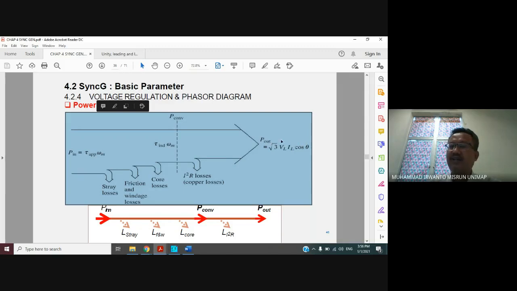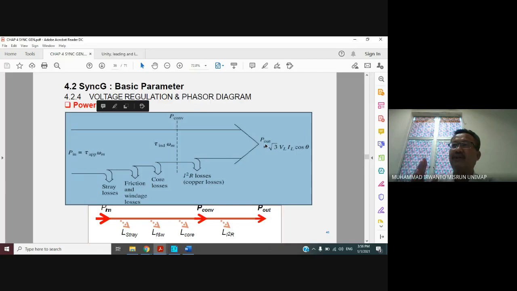Remember about this one, it is the total power, the three-phase power. If you want to use the phase voltage, you have to understand the relationship of line voltage and phase voltage.